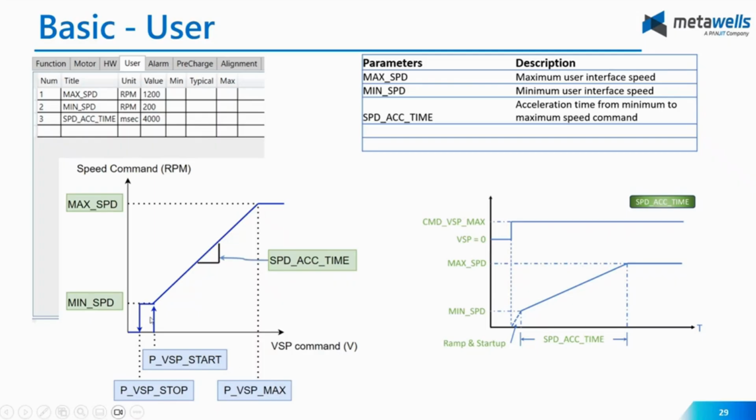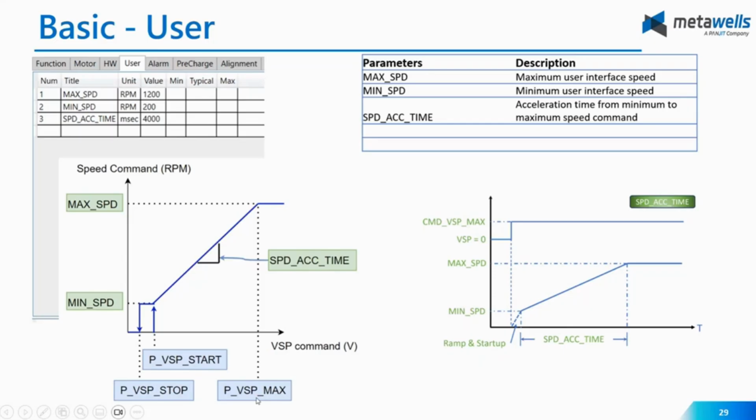So we have to input a few parameters here. First, you need to define 3 voltage thresholds in the program on the KLC NTK platform. The three parameters are the VSP stop voltage, the VSP start voltage, and the maxima voltage.